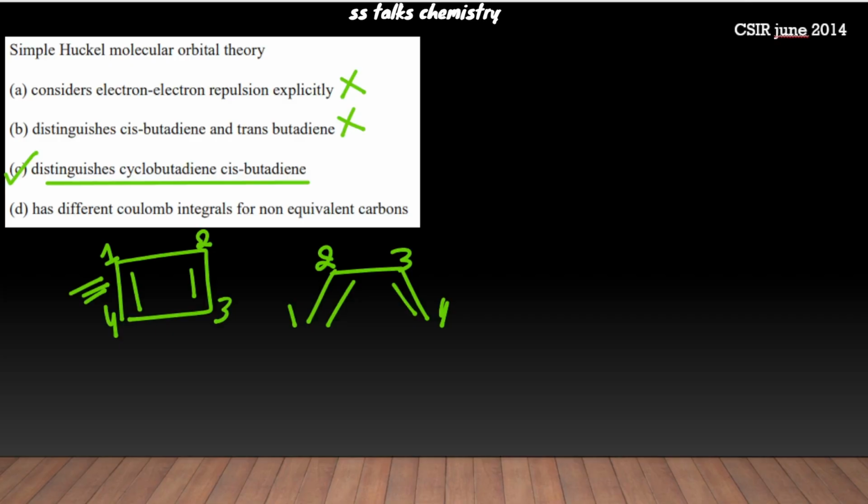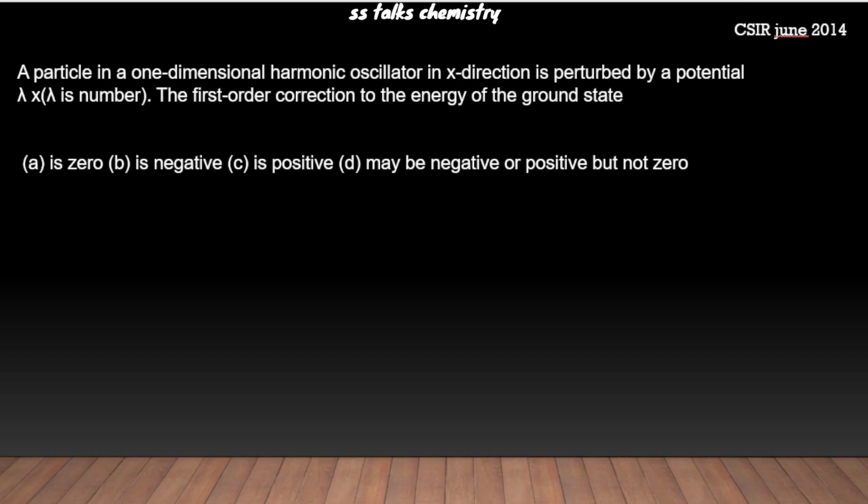Right? Next. This one: a particle in the one-dimensional harmonic oscillator in the x direction is perturbed by the potential which is lambda into the x, where lambda is a number. The first order correction to the energy in the ground state we have to find out.